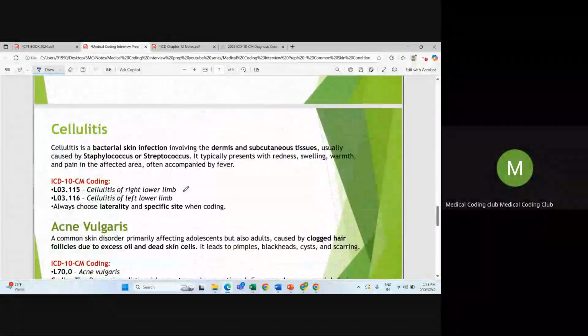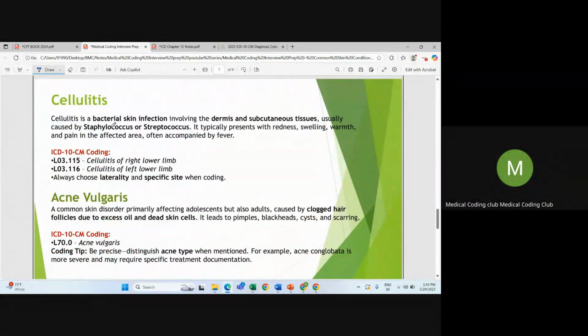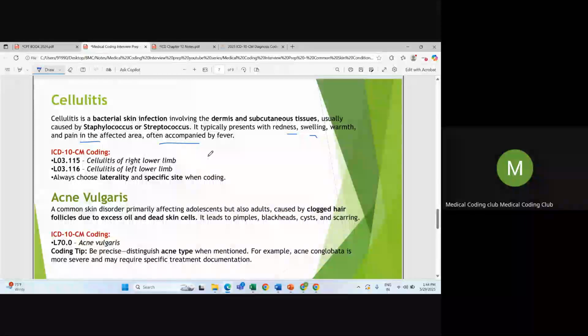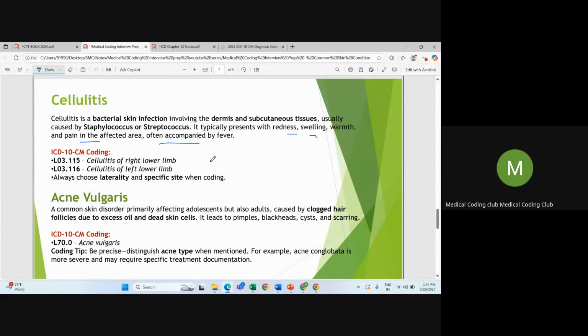So next one is cellulitis. Cellulitis is a bacterial skin infection involving the dermis and subcutaneous tissue, usually caused by Staphylococcus or Streptococcus, and it typically presents with redness, swelling, warmth, and pain in the affected area, often accompanied by fever. Okay, a patient who has cellulitis will suffer from fever also.